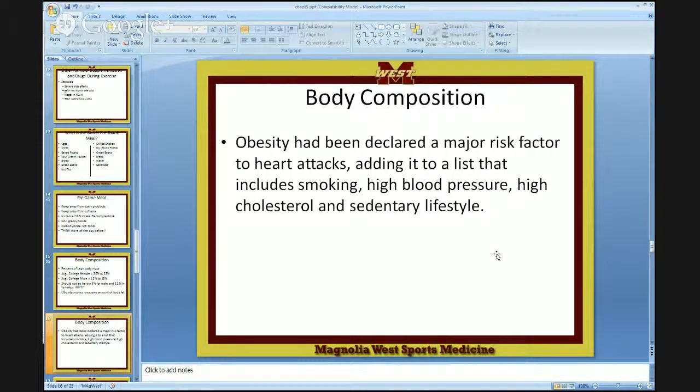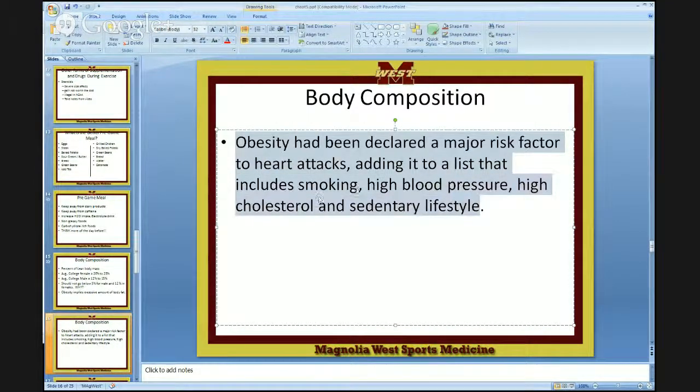Obesity has been declared a major risk factor for heart attacks, adding it to a list that includes smoking, high blood pressure, high cholesterol, and sedentary lifestyle. So all of the following were spoken of as being a major risk factor for a heart attack, except. So you need to know those to know which one in your choices is not an option.